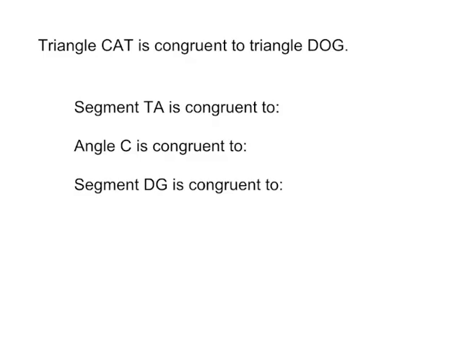One last example here. Let's pretend we have triangle CAT and we know it's congruent to triangle DOG. Without drawing any pictures of triangles, we can figure out the completions of these sentences. So segment TA, well, TA refers to those two sides. TA would be congruent to segment GO because it follows the same order in the name, T to A, G to O. Angle C is that first angle, and it corresponds with the first angle in DOG.